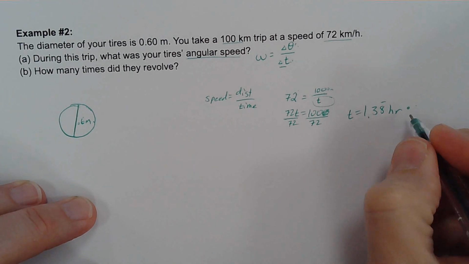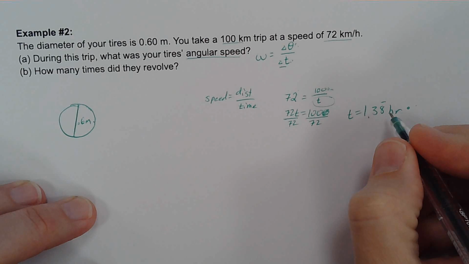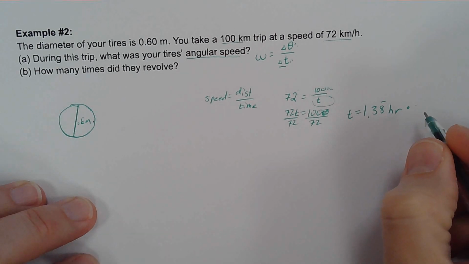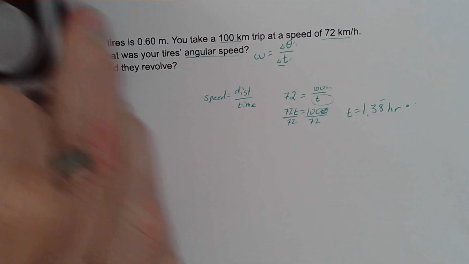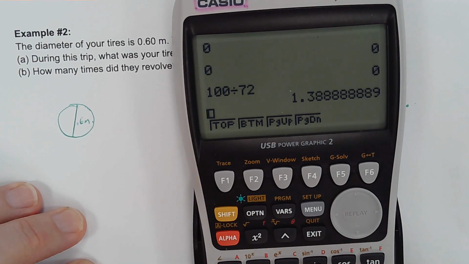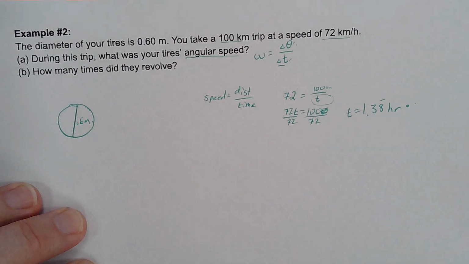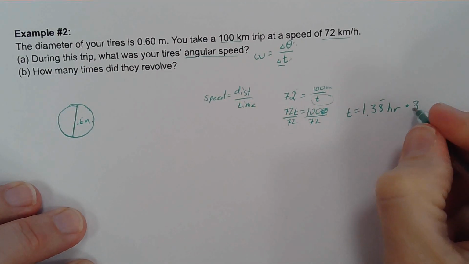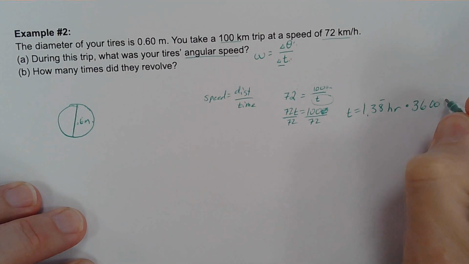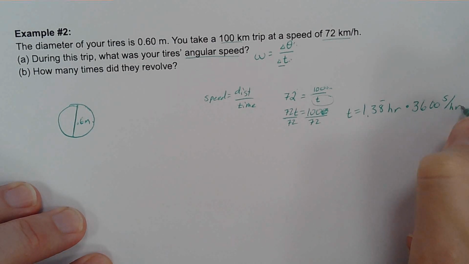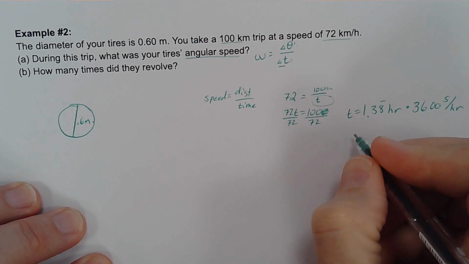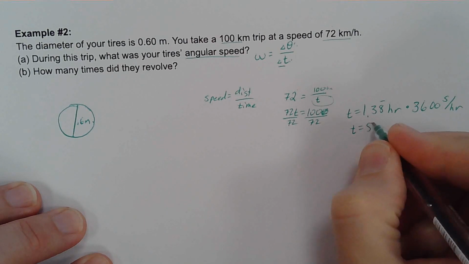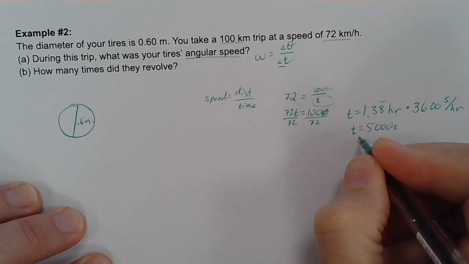I know that there's 60 minutes in an hour and then 60 seconds in a minute. So that's 3,600. So I'm just going to take that number I had before and multiply it by 3,600, the number of seconds per hour. And so I end up getting that my time is 5,000 seconds.